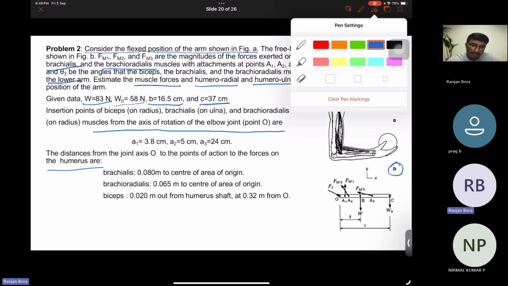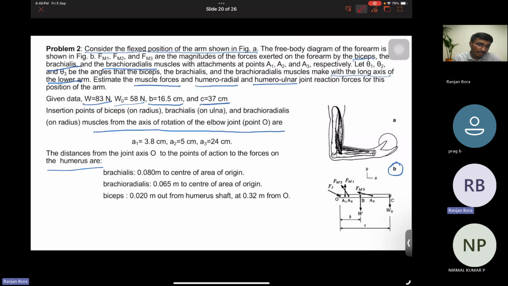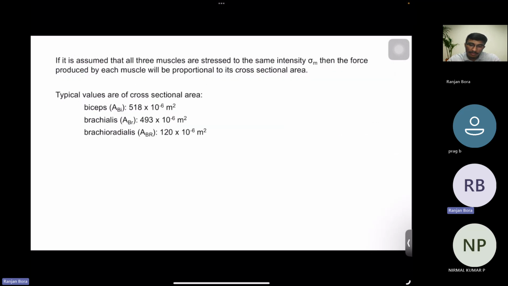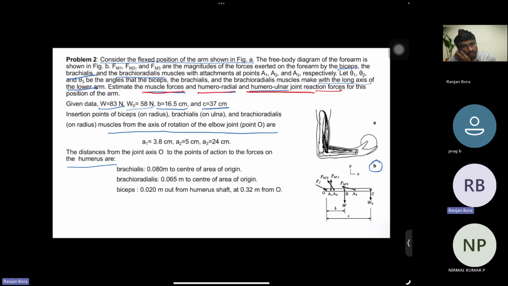So what are the parameters we need to find? We need to find the muscle forces and the joint reaction forces. So how many unknowns do we need to find? Have you understood the problem?